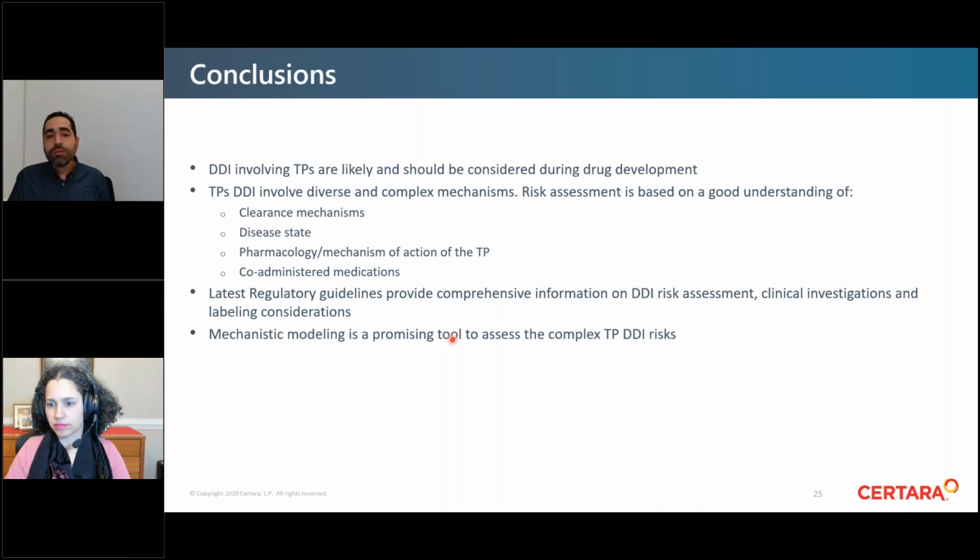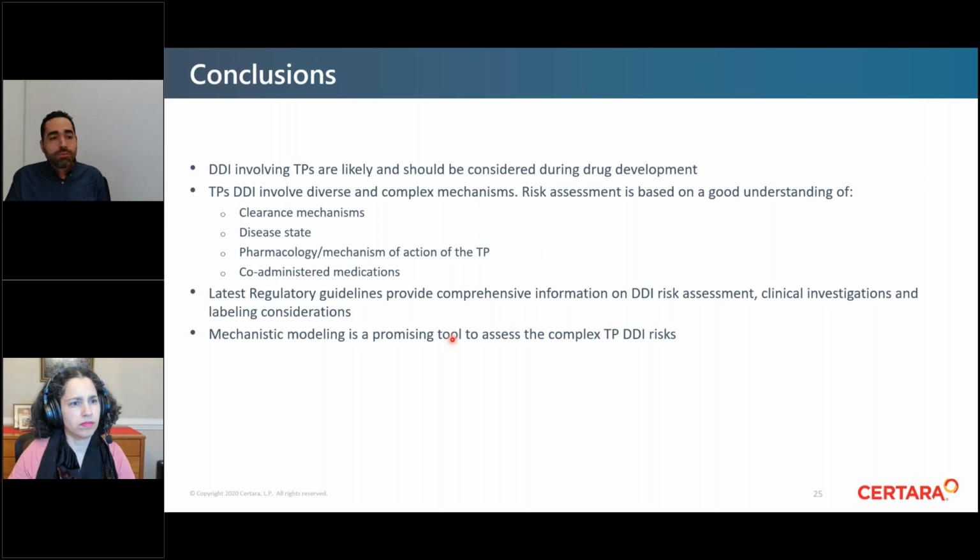For accurate risk assessment, you need to understand well the clearance mechanism, the impact of the disease state, and also have a good understanding of the pharmacology and the mechanism of action, and evaluate all the co-administered medications, whether systematic medications or just a concomitant use.